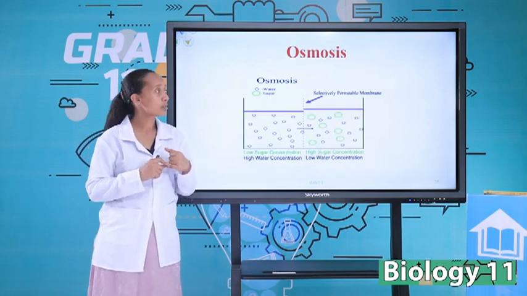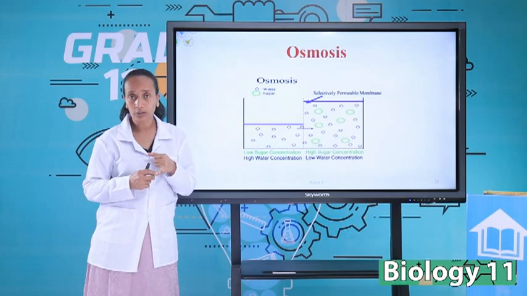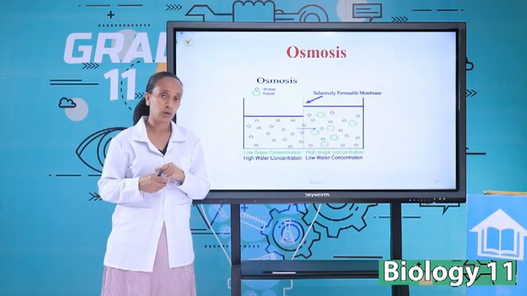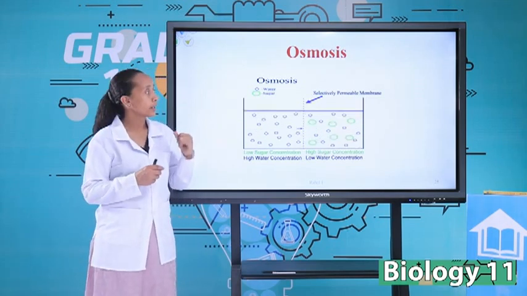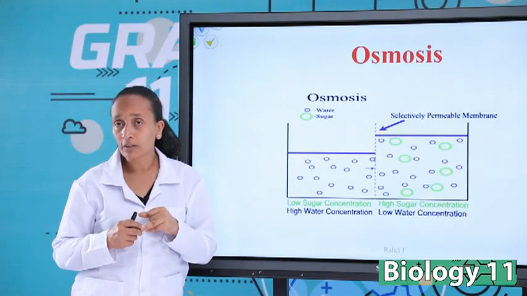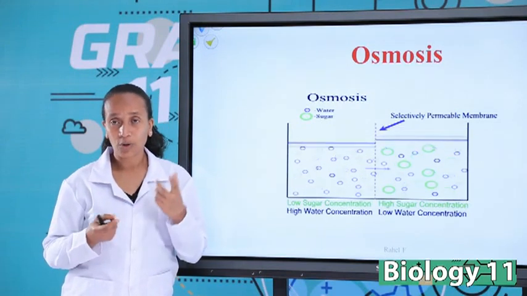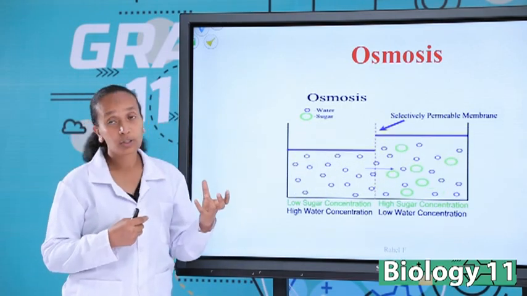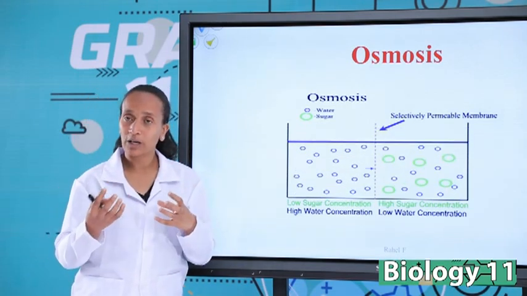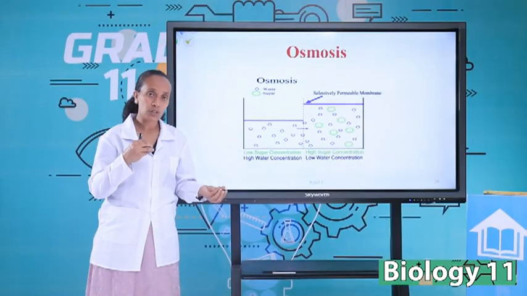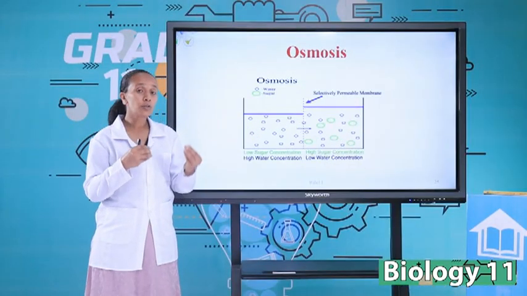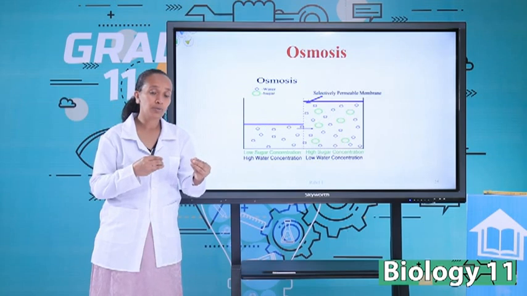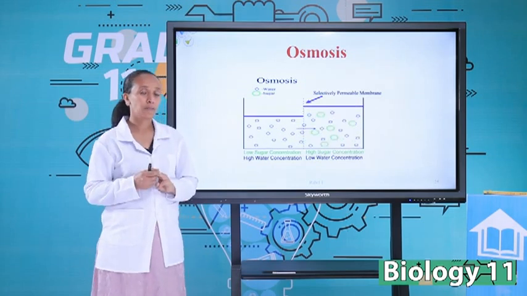One of the processes was simple diffusion, which we discussed in our previous lesson, and the other one is facilitated diffusion. To remind you what we have seen in our last period, simple diffusion transports particles from high to low concentration, and this process can be affected by three factors.